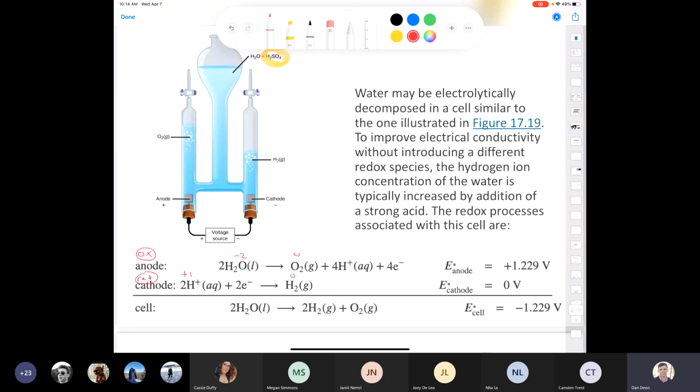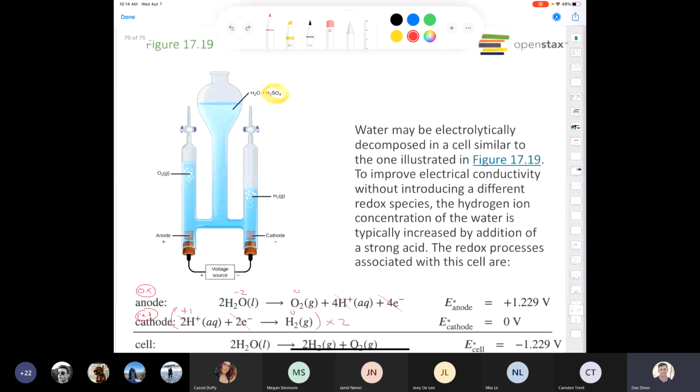But what happens when we tally up these two reactions? When we tally up these two reactions, we'd have to multiply this reaction by 2 first, but we end up canceling the 4 electrons and we end up canceling the 4 protons. And here's the overall process. Okay, that we take water and we convert it into hydrogen gas and oxygen gas. Notice that there's twice as many moles of hydrogen gas as there is oxygen gas.